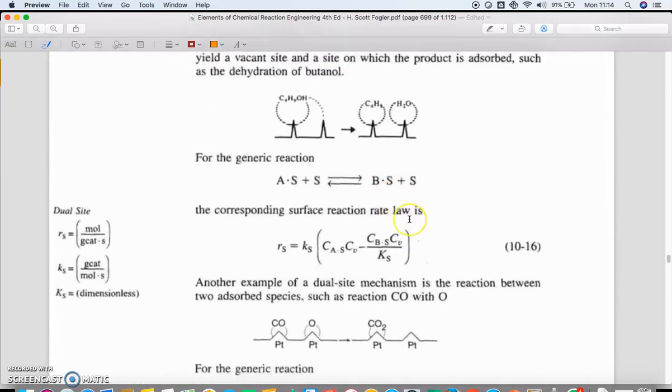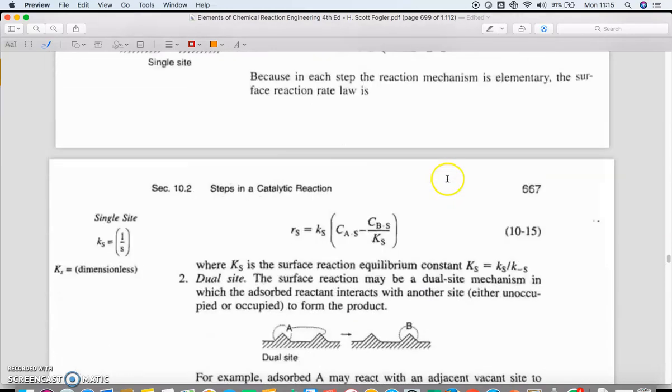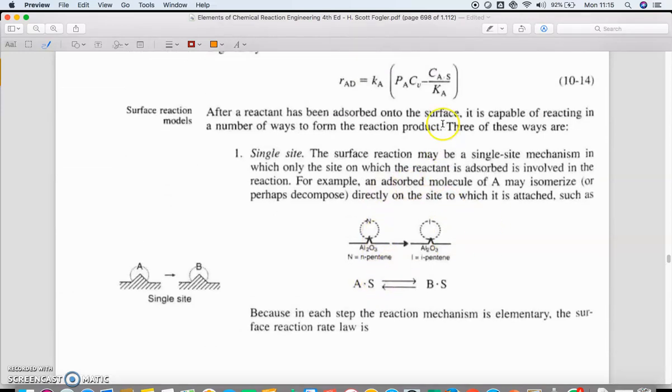For this part of the chapter, part 4, I will describe the single site first. It's a continuation from the absorption part. We knew that A will absorb on the catalyst surface, then in step 4, which is surface reaction, it will be converted to B dot S. We would like to derive a rate law for this step.